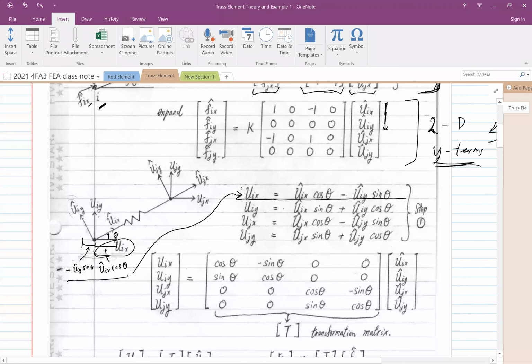Apply the same theory to UIY, UJX, and UJY, and you get the next three equations. Any questions so far?